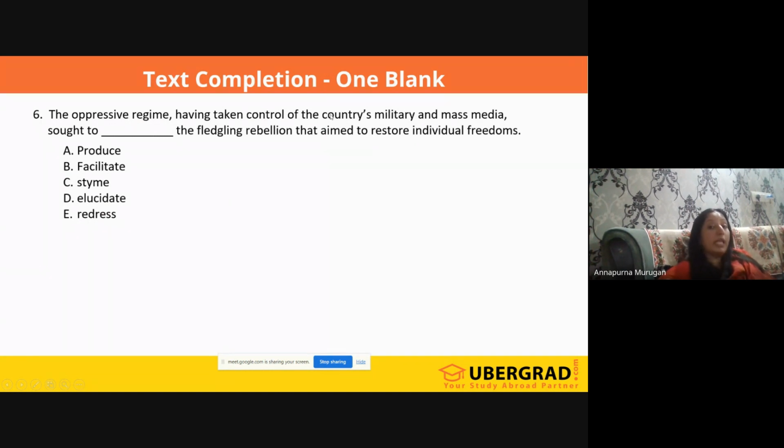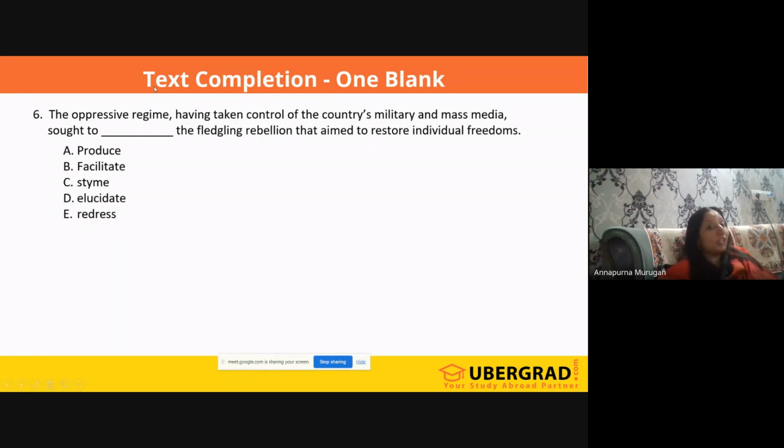If something is taking the country's military and mass media, so control, that regime should be very strong, isn't it? This strong regime sought to dash the fledgling rebellion that aimed to restore individual freedom.